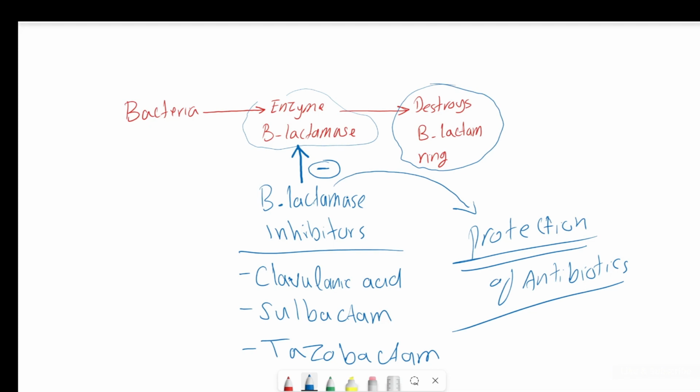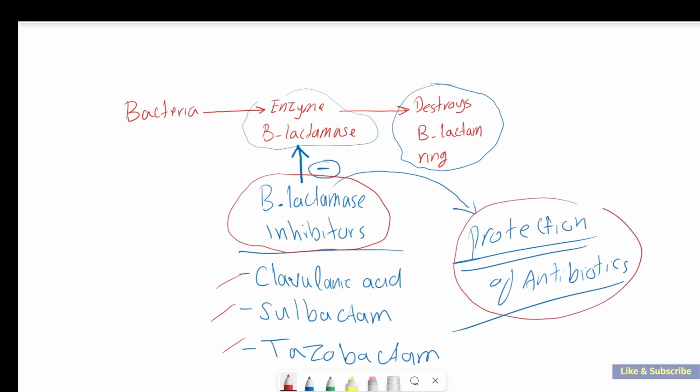For this reason, they developed beta-lactamase inhibitor compounds. We have six of them, for example clavulanic acid, sulbactam, tazobactam, and others. This group of inhibitors protects the antibiotic and prevents its deactivation.